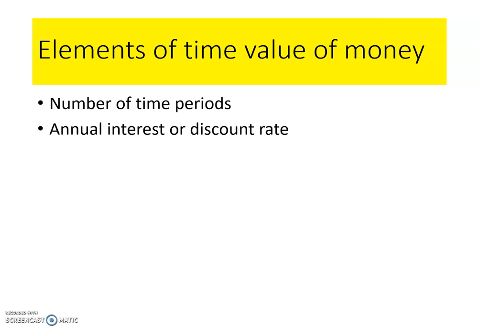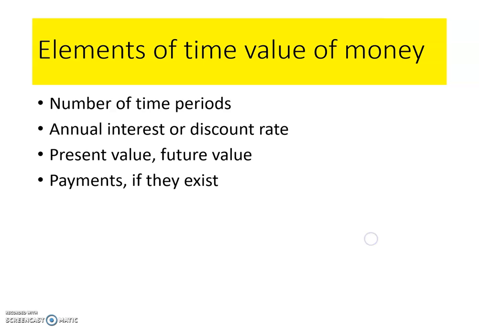So you're going to look at the interest rate, and you also need to look at the discount rate. Then you look at the present value and the future value. So you make use of the interest rate or the discount rate to calculate either the present value or the future value. And lastly, you also look at the payments, if at all they exist.